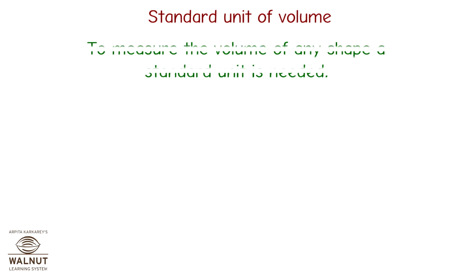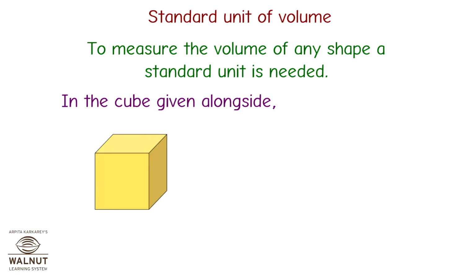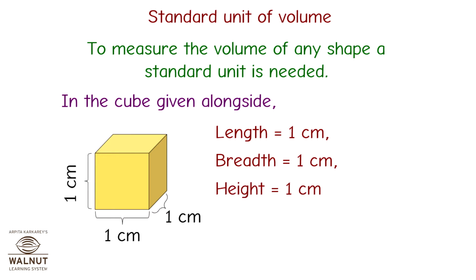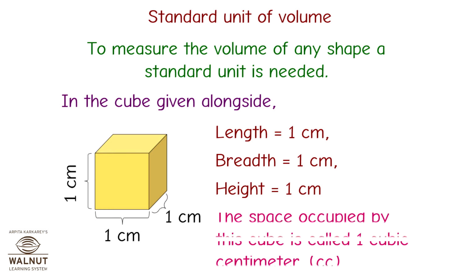Standard unit of volume. To measure the volume of any shape, a standard unit is needed. In the cube given alongside, length is equal to 1 centimeter, breadth is equal to 1 centimeter, height is equal to 1 centimeter. The space occupied by this cube is called 1 cubic centimeter.